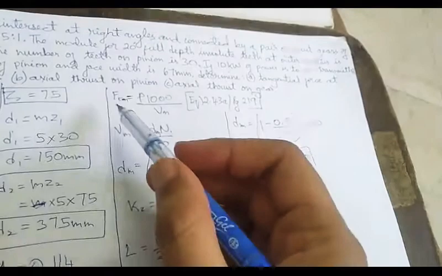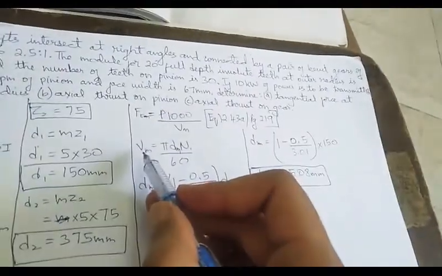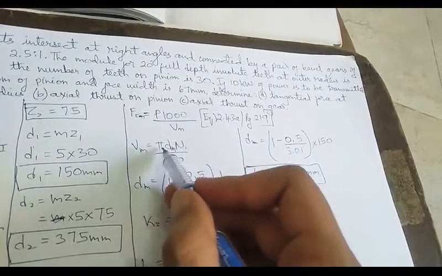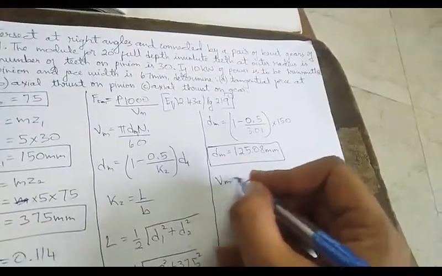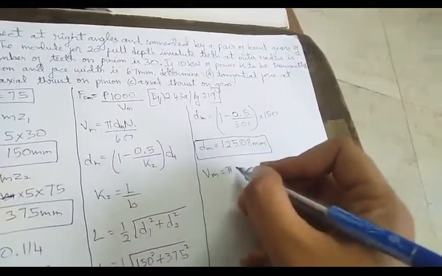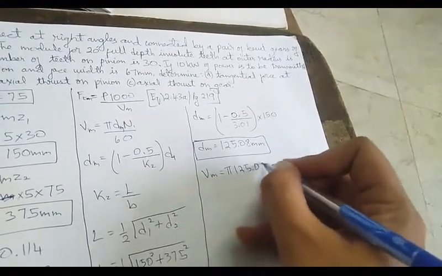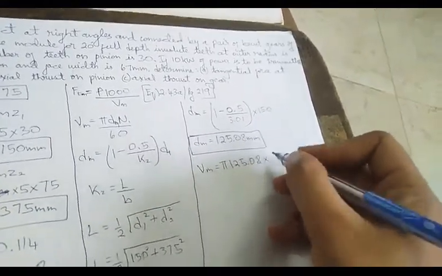Now we can find the value of mean velocity Vm by pi dm1 n1 by 60. N1 is 400.